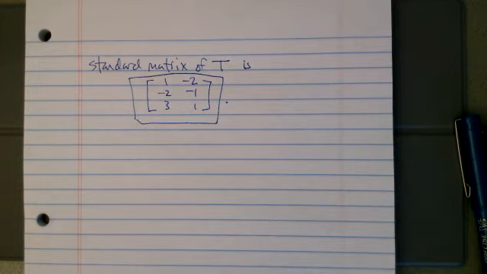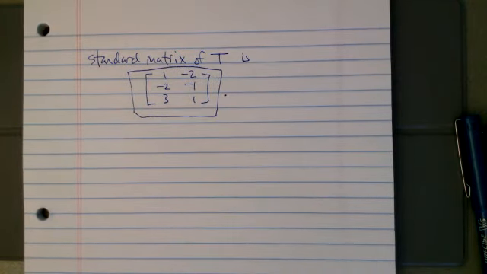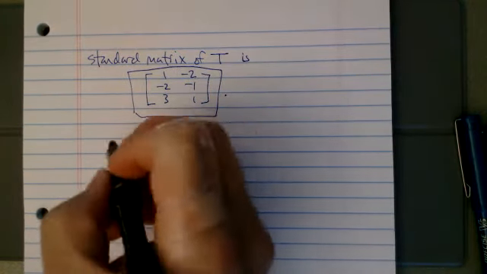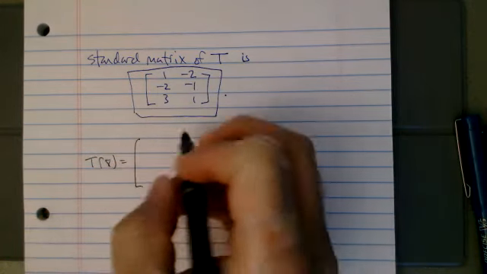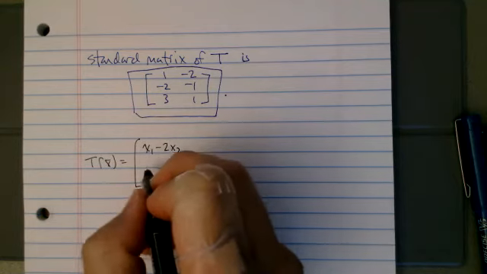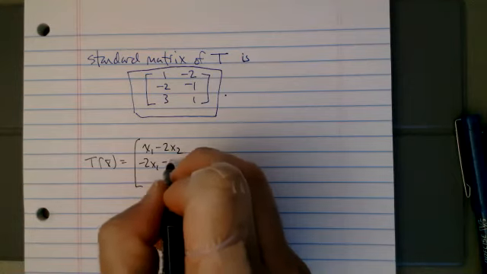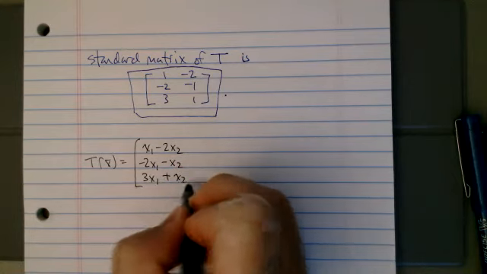You absolutely can and should just eyeball the standard matrix by looking at what the transformation says. If we look at the image, T of x is going to be: the first entry is x1 minus 2x2, then -2x1 minus x2, and the third entry is 3x1 plus x2.